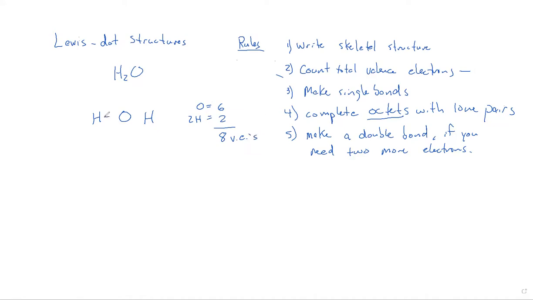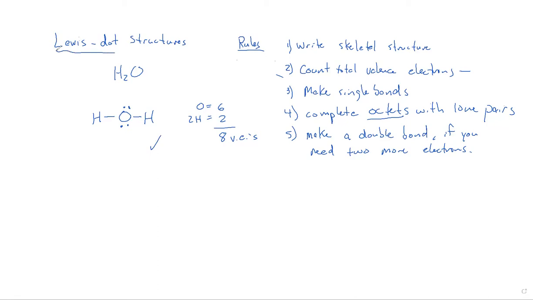I'm going to make the single bonds. That's 2, 4. Then I complete the octets. And there's my structure for water. Oxygen has an octet, 2, 4, 6, 8. I used all the electrons. Everything's happy. Hydrogen has 2. Hydrogen has 2. So this is a good structure.